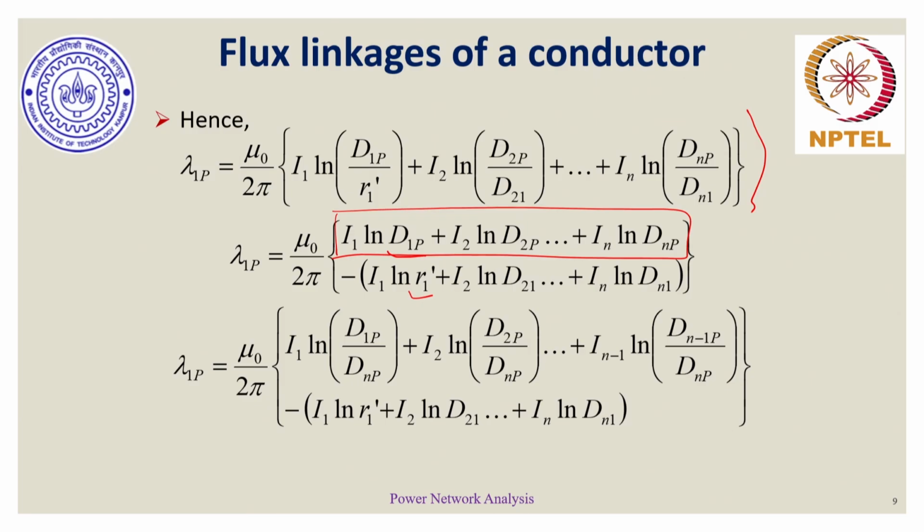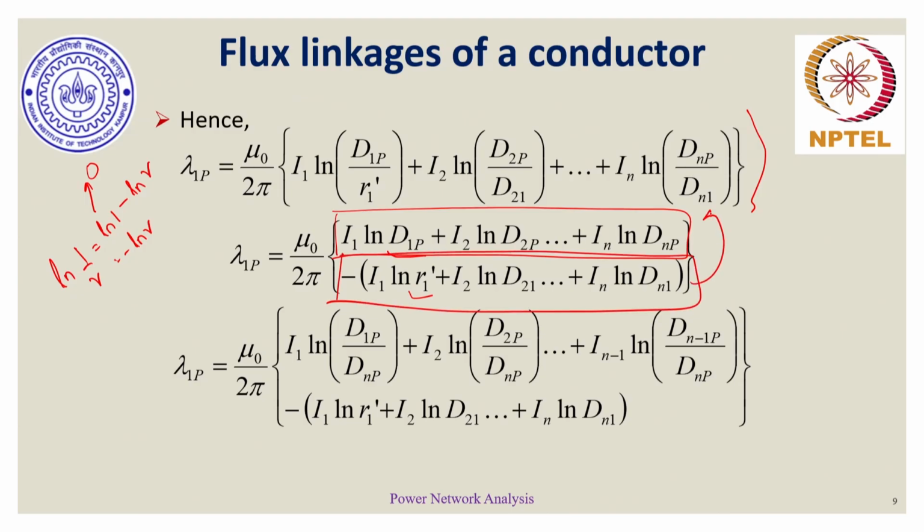The other sum comes from the fact that log of 1 by r is equal to log of 1 minus log of r, with log of 1 being 0, so this term is minus log of r. The corresponding natural log denominators are represented by this expression, the denominator terms with respective current components. And from here, I replace I of n as minus of I1 plus I2 going on till I of n minus 1.